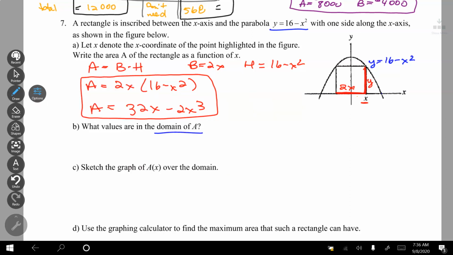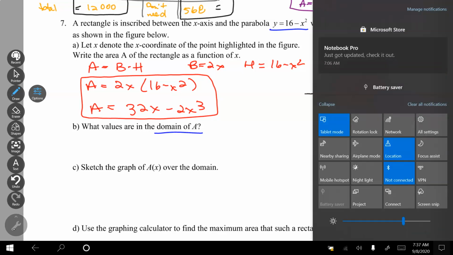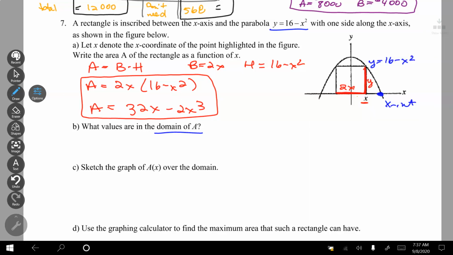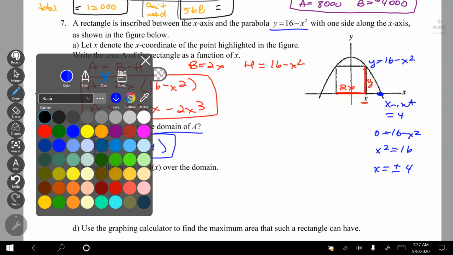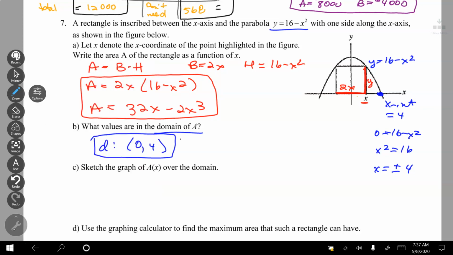Well, the farthest this rectangle goes out is right here at this x-intercept, and this x-intercept is equal to 4, by doing 0 equals 16 minus x squared, x squared is equal to 16, x equals plus or minus 4, but obviously it's the positive one. So my domain is again 0 to 4, just like the problem we did before. Why is it 4? Because this is the x-intercept.